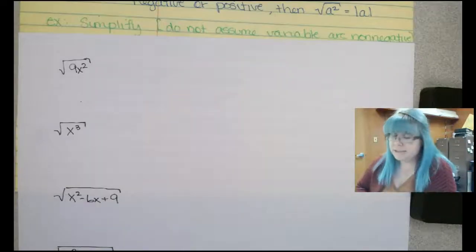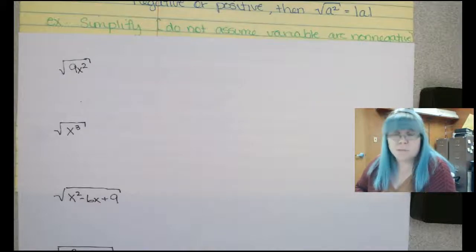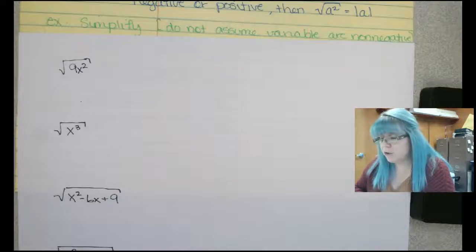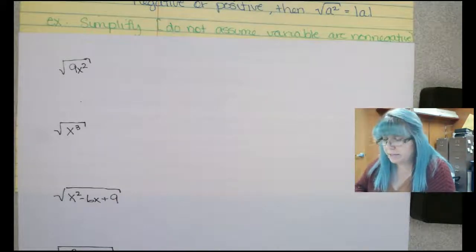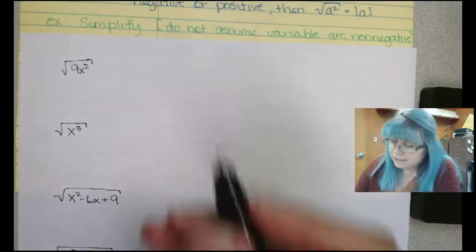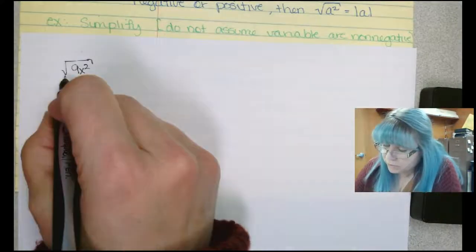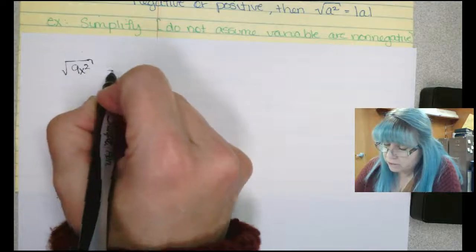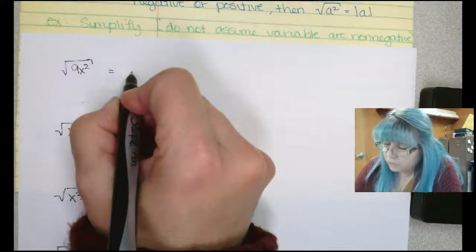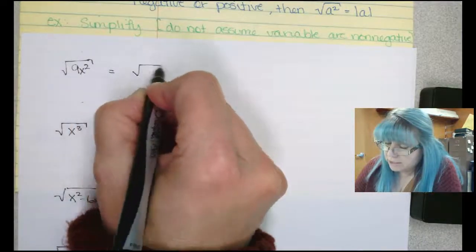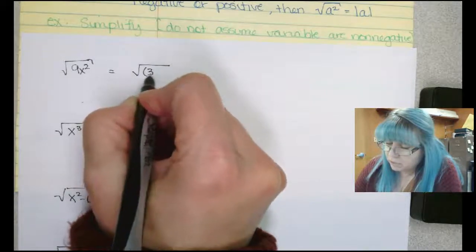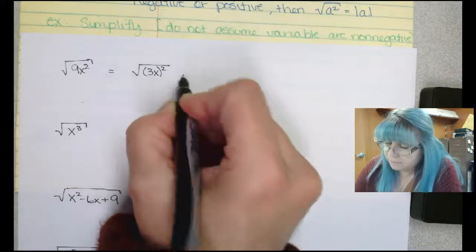Okay, let's simplify some radical expressions, and we are not going to assume that the variables are non-negative. So do not assume that the variables are non-negative. All right, let's simplify. The square root of 9x squared will be equal to, well, that is the square root of 3x squared.